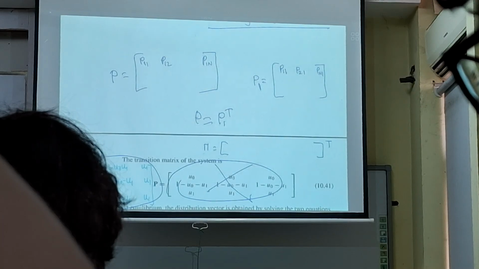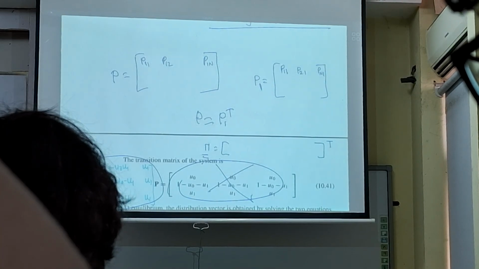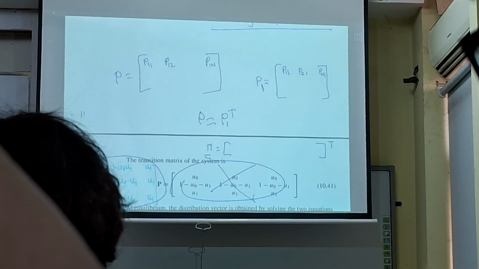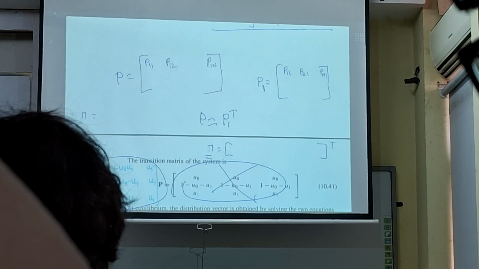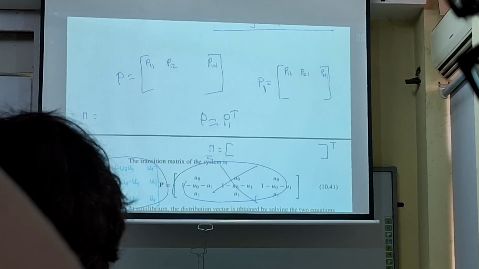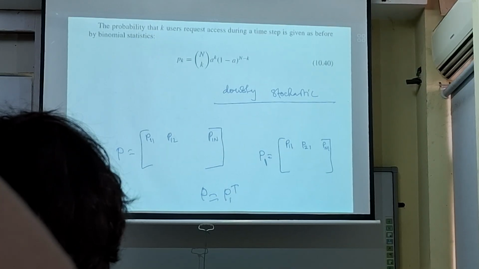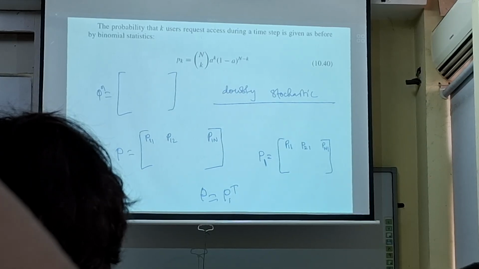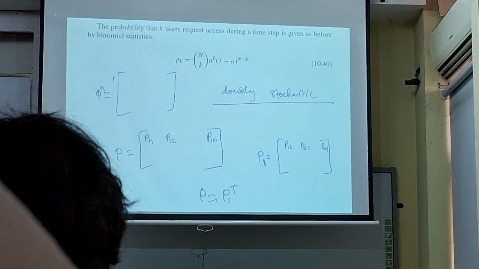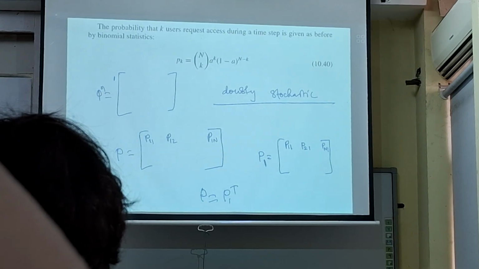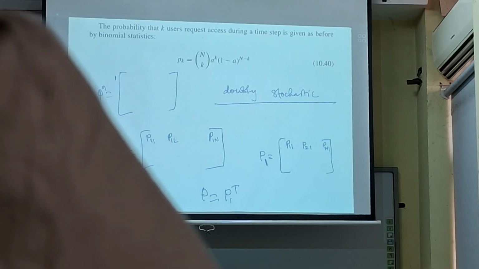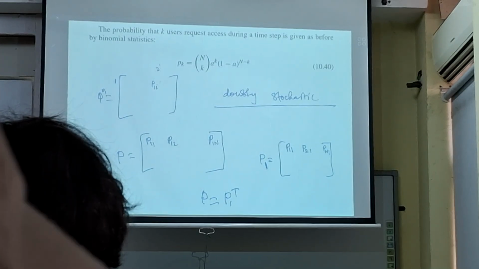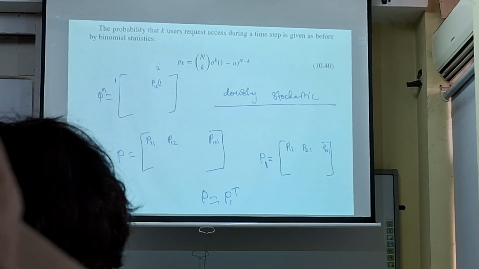Now, what is pi? Pi is the steady state probability, right? Can anyone see another property of pi? The N-step transition probability. If you are currently in step 1, what is the probability that you will be in step, say I, after N transitions?